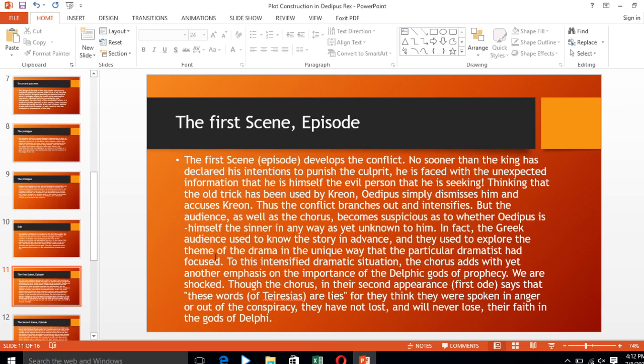In fact, the Greek audience used to know the story in advance, and they used to explore the theme of the drama in the unique way that the particular dramatist has focused. To this intensified dramatic situation, the chorus adds another emphasis on the importance of the Delphic gods of prophecy.